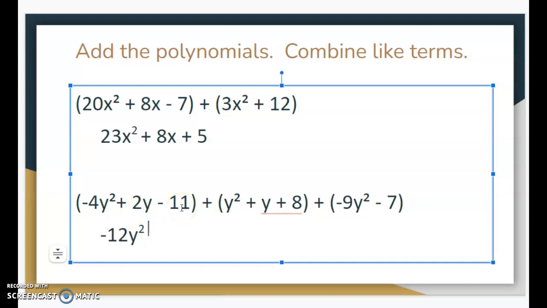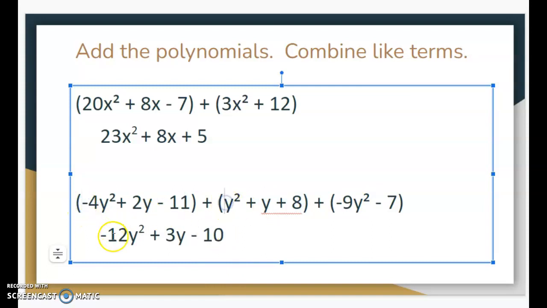And then I've got a 2y and a 1y is a 3y. And then I have a negative 11 plus 8 is a negative 3, minus 7 is a minus 10.